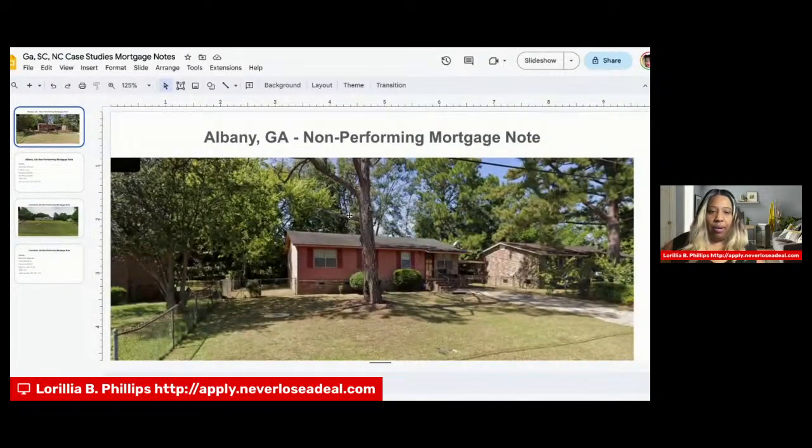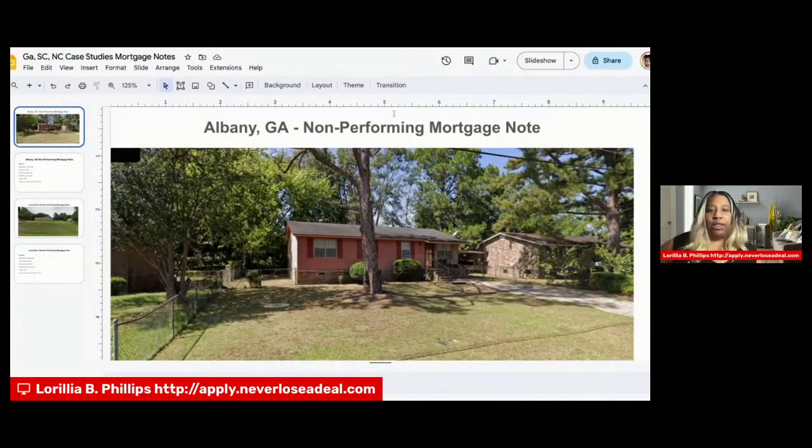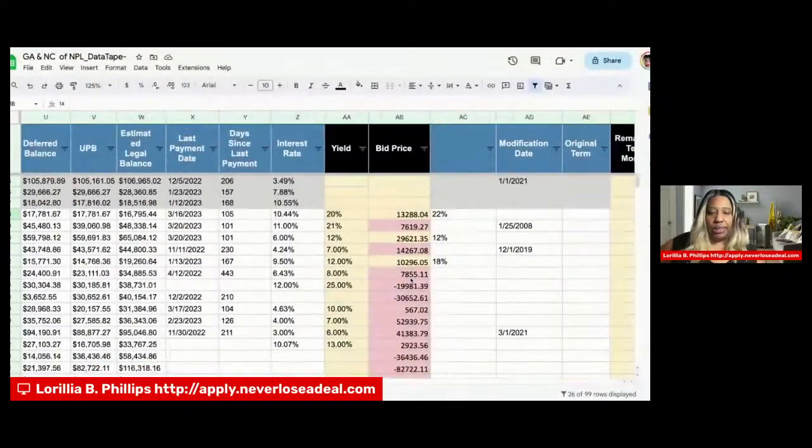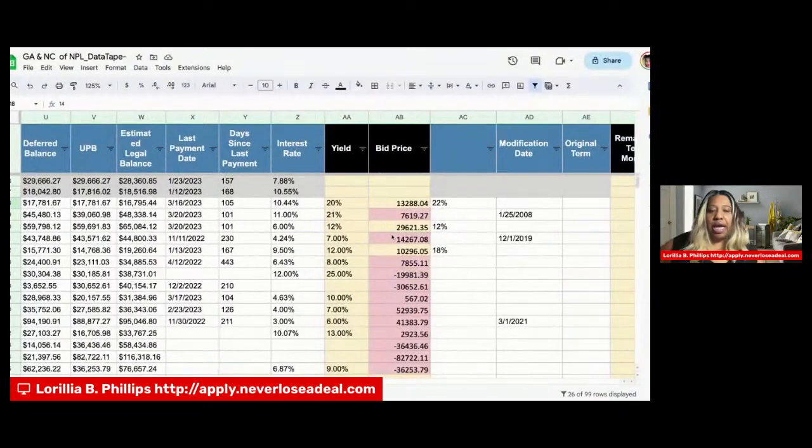Because I guess I should have pointed out, and let me go back and share with you that on the tape, as I'm doing my calculations, the ones in yellow are the calculations that, based on the information that was given to me, I'm able to come up with some numbers.